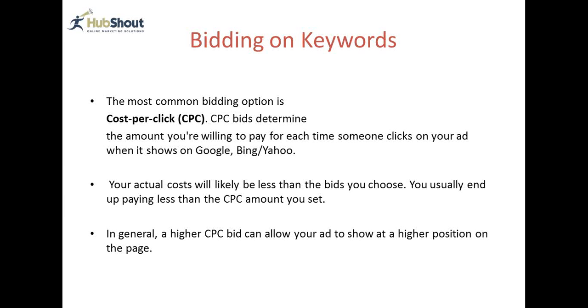The difference between the person above you and below you is very small. So a lot of times your max CPC is pretty close to what you're actually paying, because the guy right below you is just neck and neck with you in terms of who is going to get the slot that you got versus the one below it.